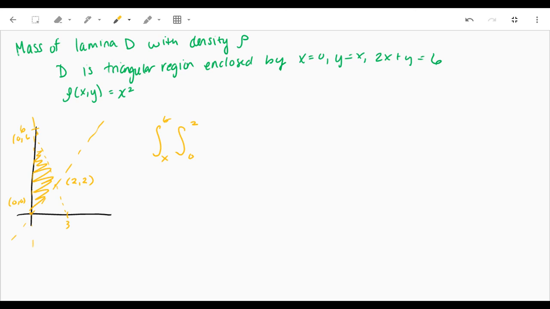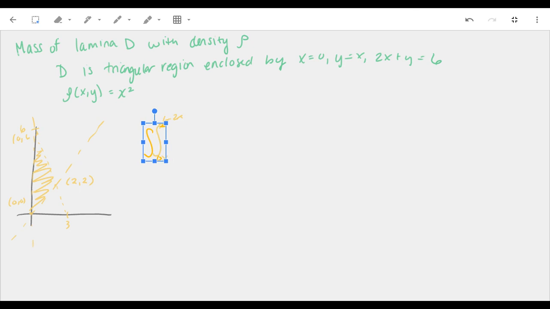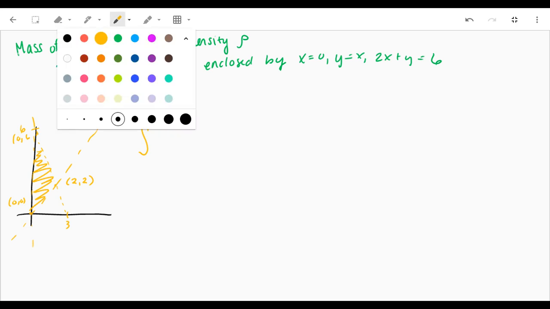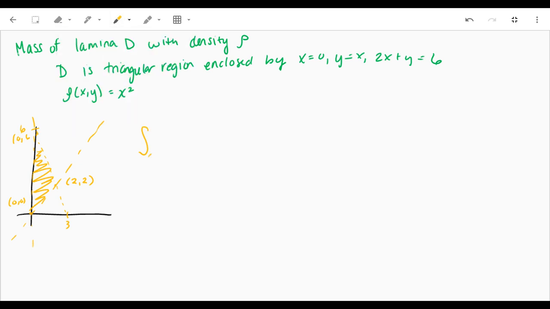Let's do it that way. Let me just redo it. All right. 0 to 2 needs to be on the outside. x to 6 minus 2x needs to go on the inside. Rho is x squared, and then we'd have dy dx. Okay, so that would give us the mass.